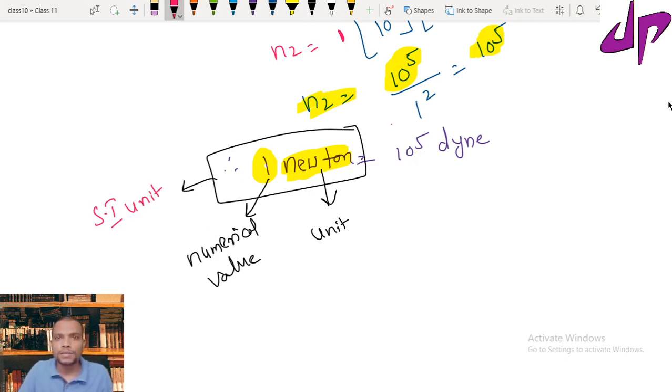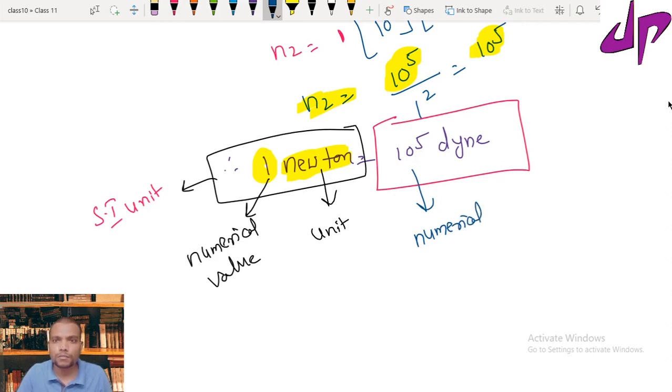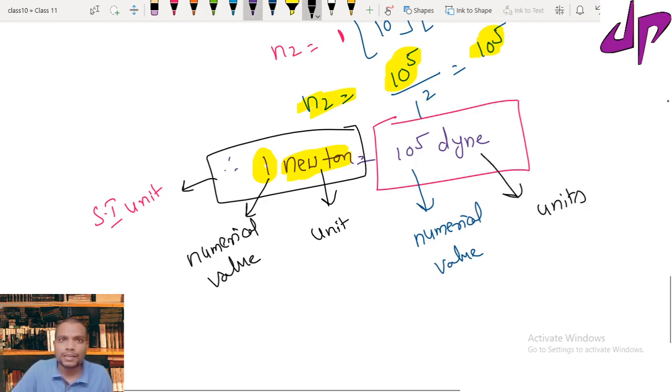And on the left side, if you can see, we got the same 10 power 5 numerical value, it's a number, and dynes are the units. Everything is in CGS units.